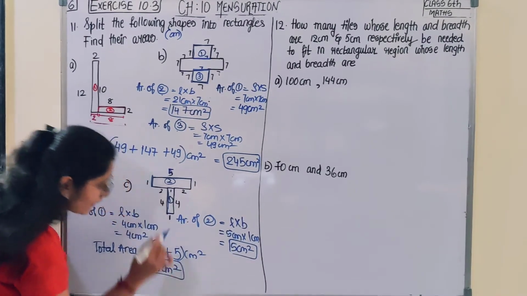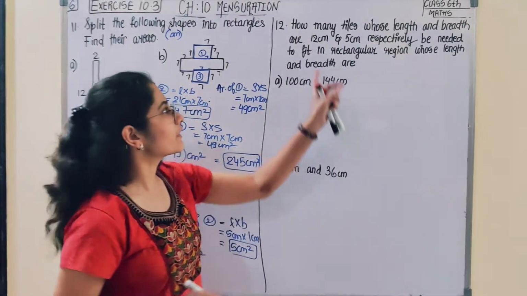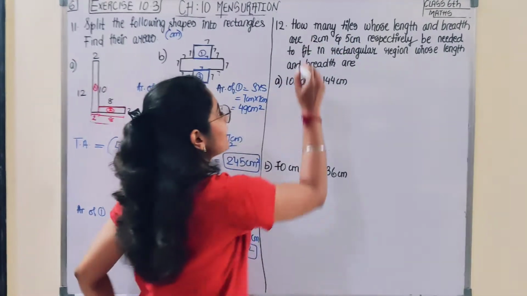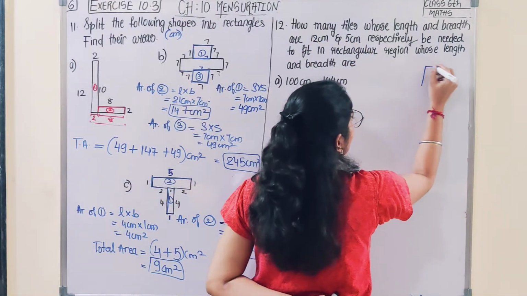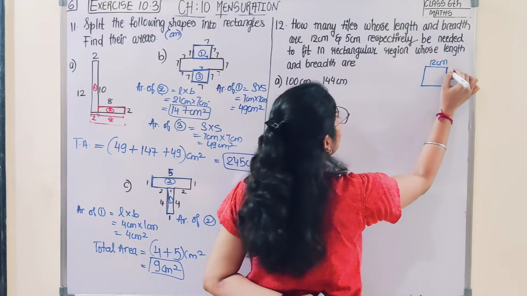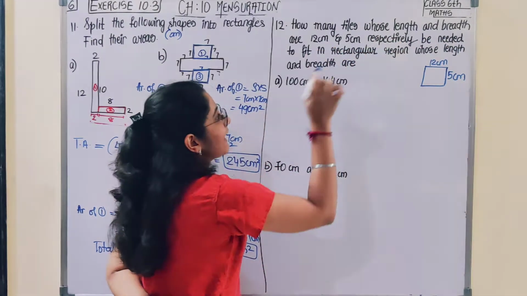So 9 centimeter square is the total area of this shape. Okay. Last question, which says how many tiles, whose length and breadth, the length of one tile is 12 centimeter, breadth is 5 centimeter, would be needed to fit in a rectangular region.